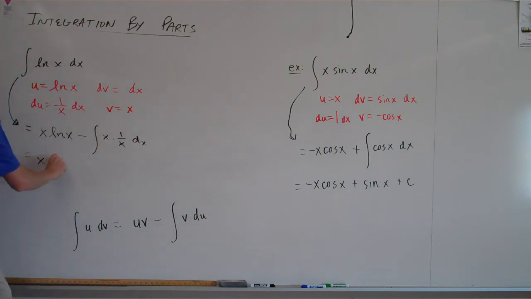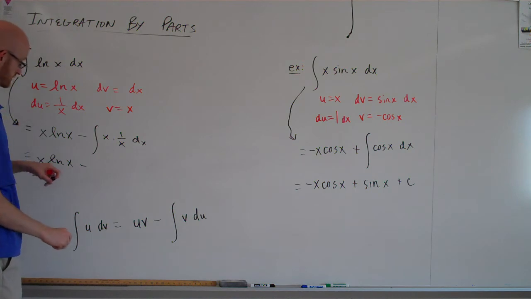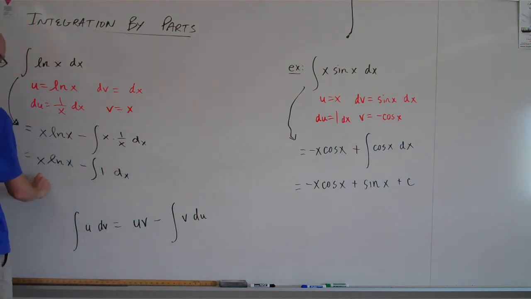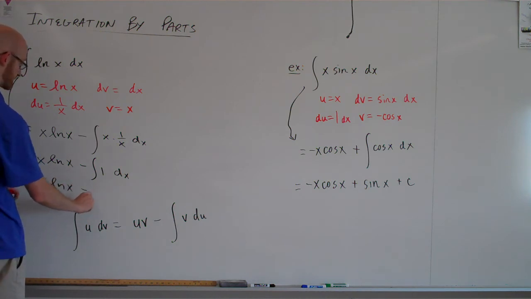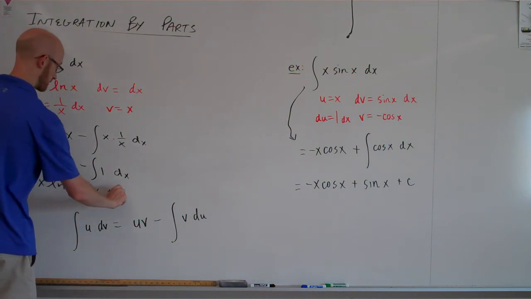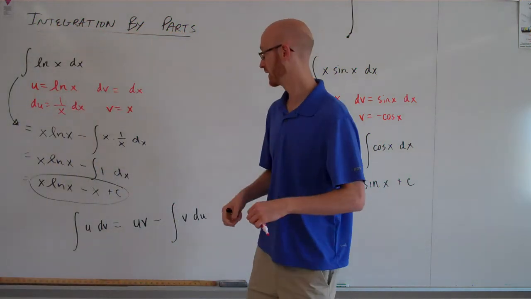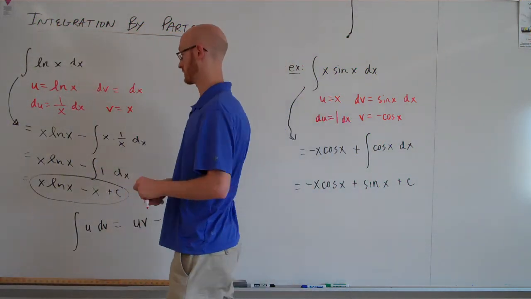That's equal to x natural log x minus the integral of 1 dx, which is x natural log x minus x plus c. So that then is our antiderivative of the original expression.